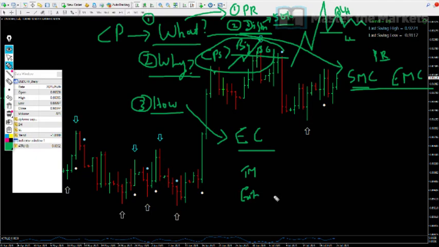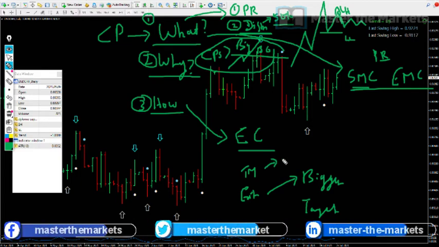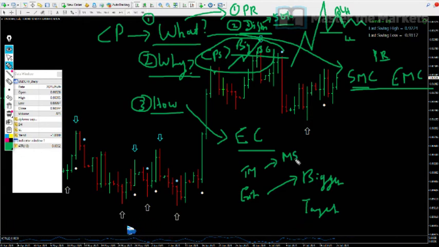Usually compressions will run longer, so you can use a much bigger target based on your OE tables again. And then your trade management can be based on how the market will move based on the different market structures which we have defined here at Master the Markets.